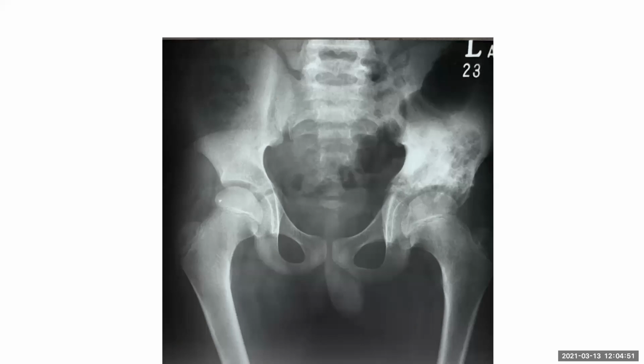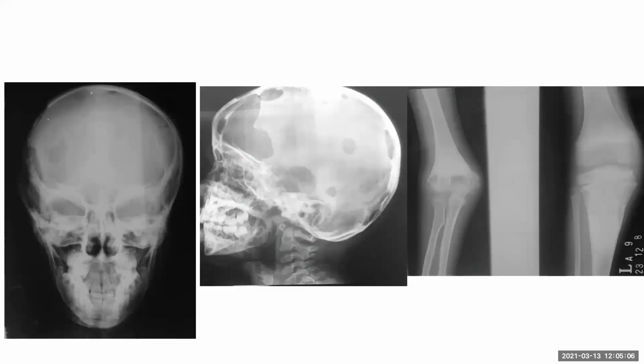Septic arthritis I'll put as less likely because it would not have presented with multiple joint pains. So a discussion with the clinician, imaging of other joints, and referral to pediatric rheumatology for further management would be my next steps. Okay. These are the radiographs of other joints and the skull as well.